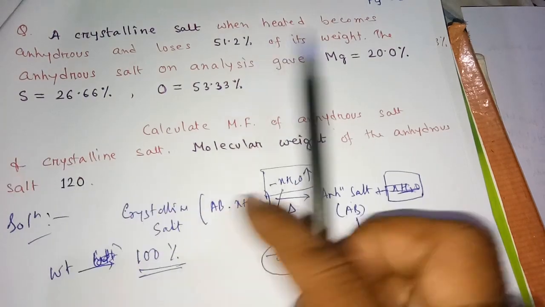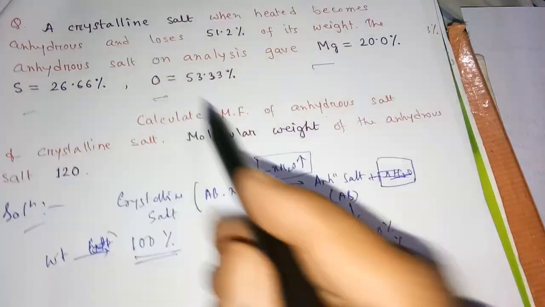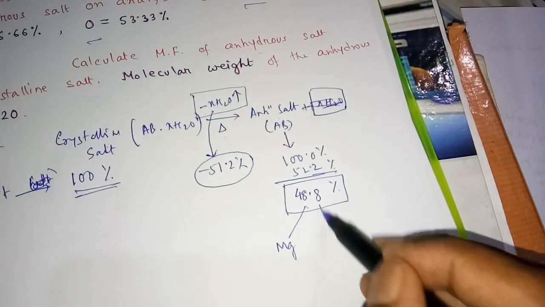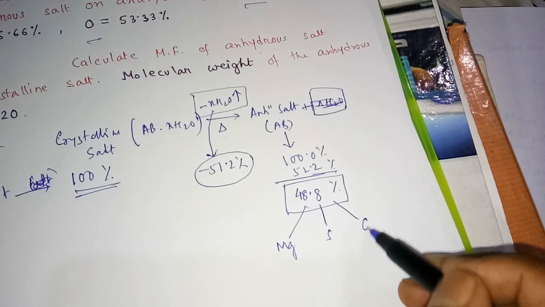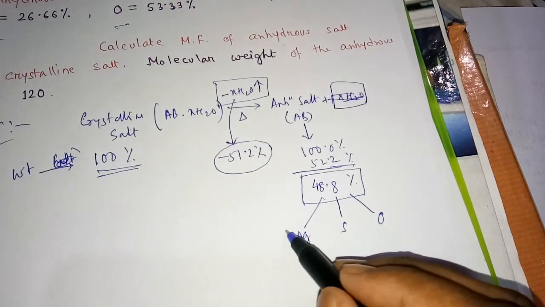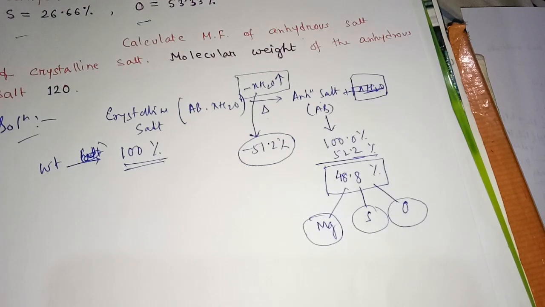This anhydrous salt contains three elements: magnesium, sulfur and oxygen.